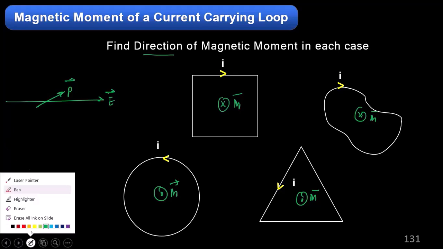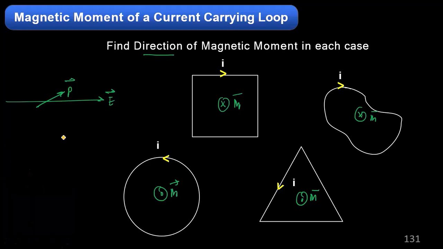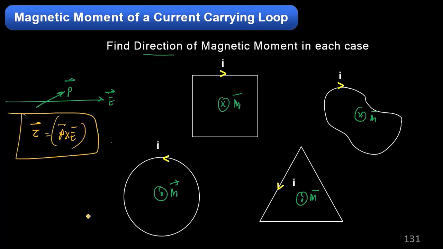Whether the field is uniform or any kind of electric field, the dipole will feel a torque. What is the expression of the torque? Torque is a vector, that is P vector cross E vector. By the same logic, the same kind of torque is experienced in a magnetic field.